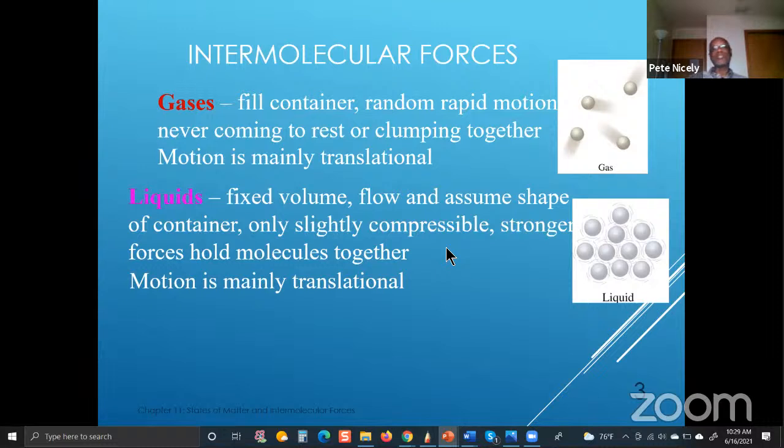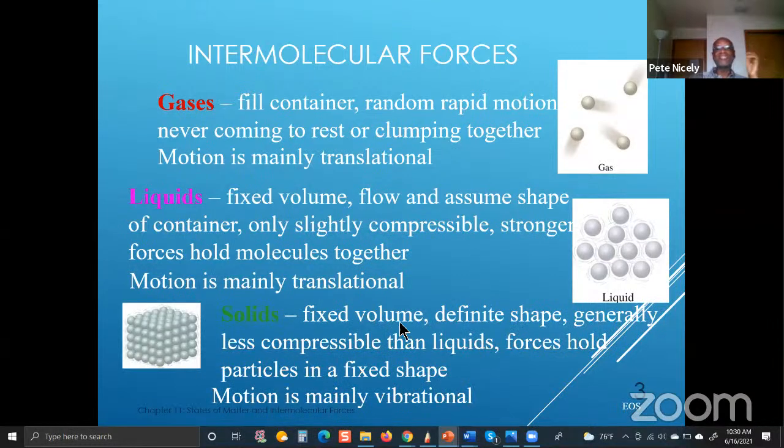Liquids are on average closer to each other. They're not as energetic, and there are strong forces, relatively speaking, that hold the particles of a liquid together, right? So there are significant differences between the way gases behave and the way liquids behave based on what I just described. Gases tend to fill the container that they're in, whereas liquids will have a fixed volume and assume the shape of the container.